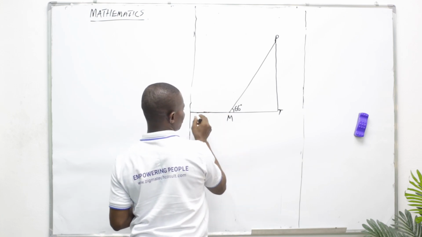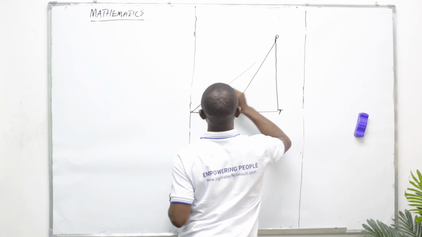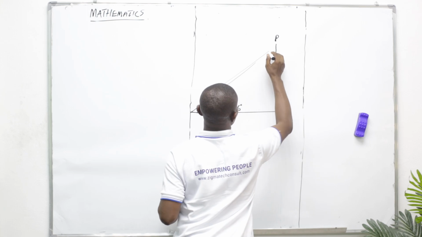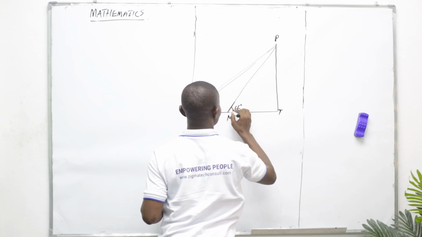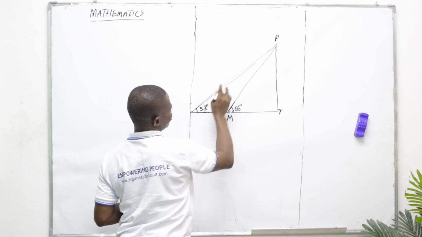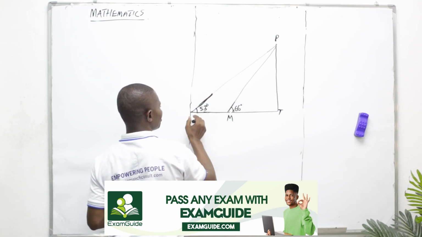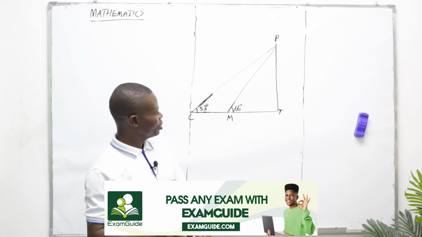He moves from here to here. Call it point C. Use your ruler, please draw very well. So, 53 degrees. You can see it. Call it point C.